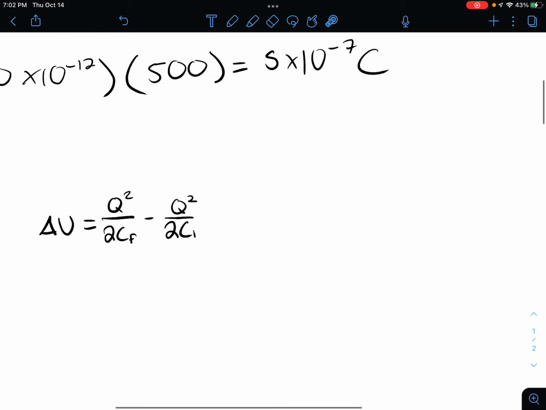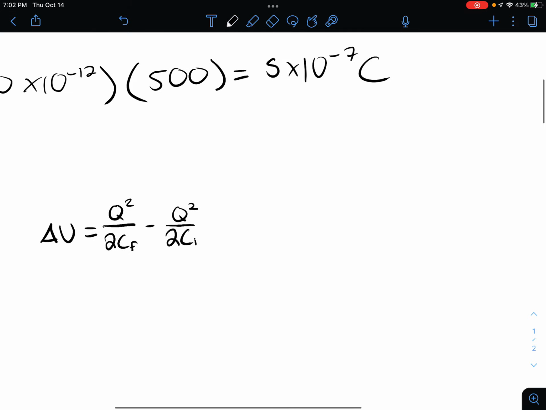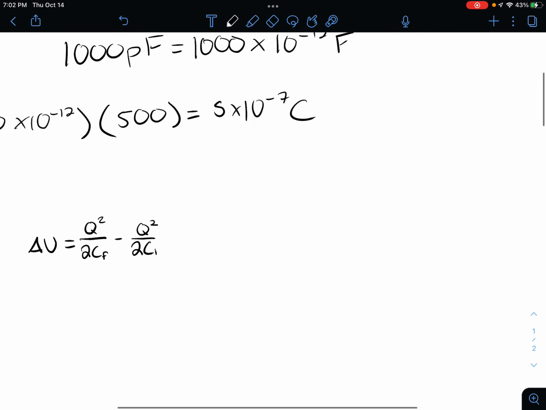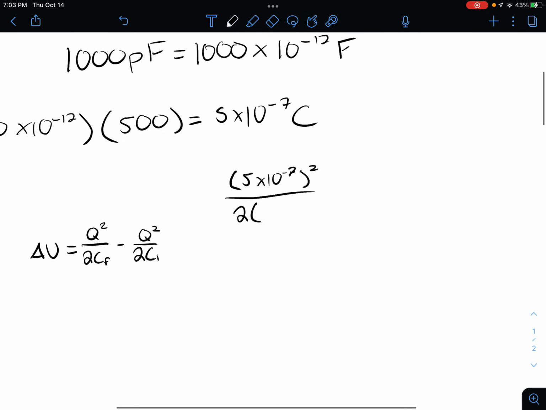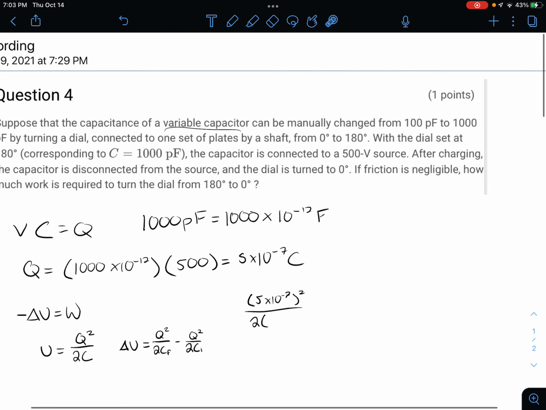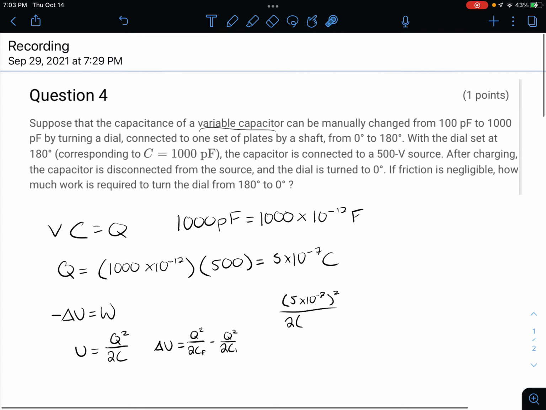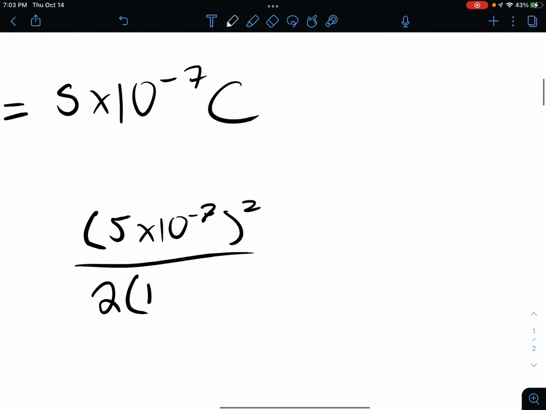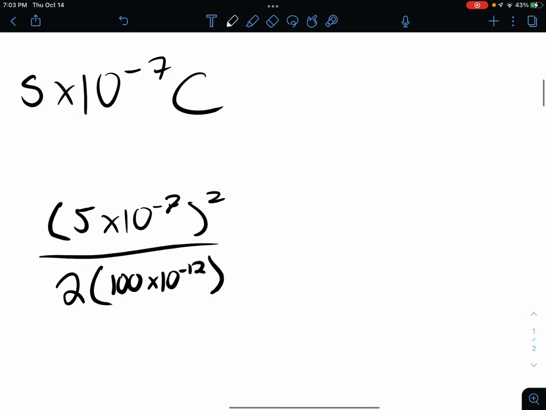So now if we're plugging into this, because again, delta is just final minus initial, we plug everything in. We have our Q squared, 5 times 10 to the negative 7 squared, divided by 2 times our final capacitance, and when it's at 0 degrees, it's going to be at 100 picofarads, which is 100 times 10 to the negative 12th farads, right?